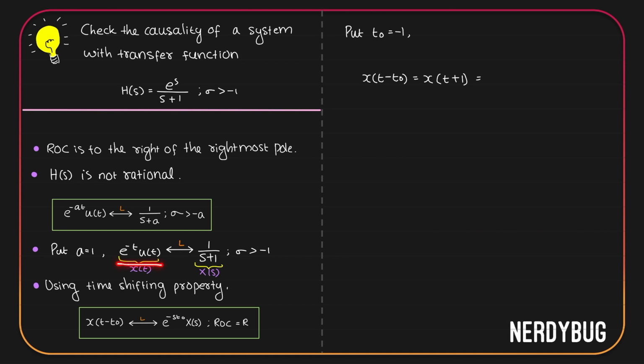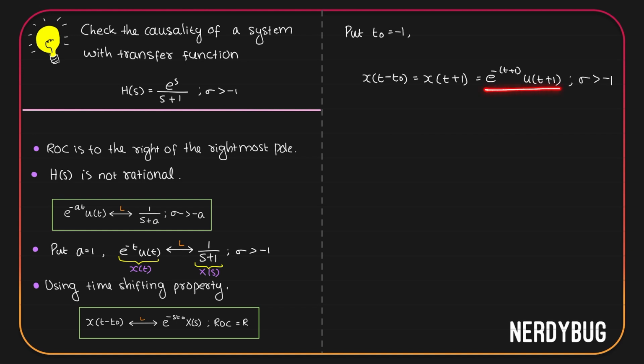X of t is e raised to minus t u of t. So x of t plus 1 is e raised to minus of t plus 1 u of t plus 1. ROC is supposed to be the same as that for X of s. So we'll write sigma greater than minus 1 just as we got here for X of s.